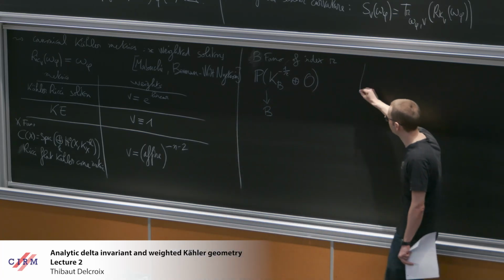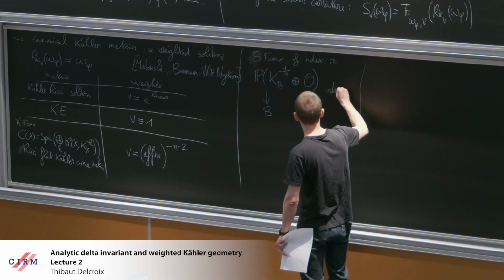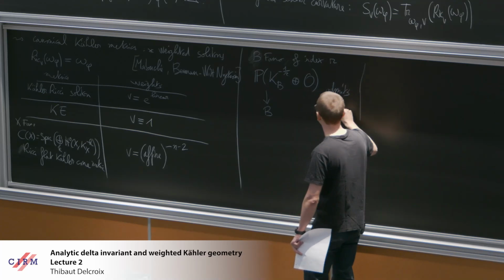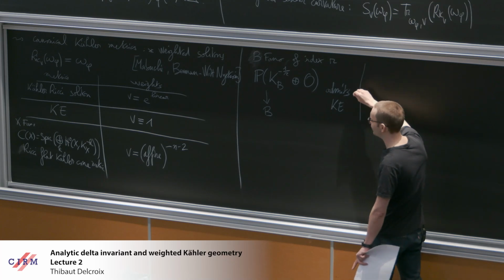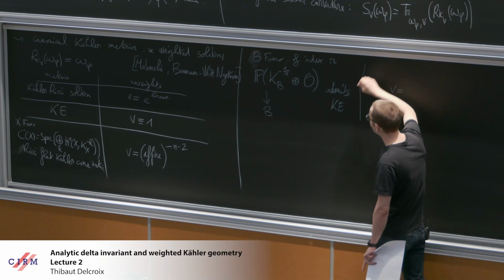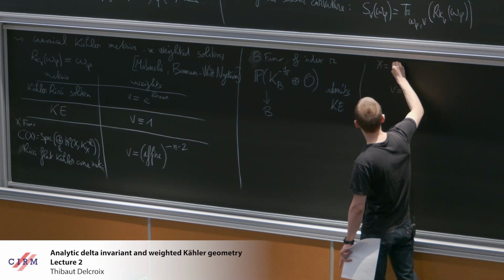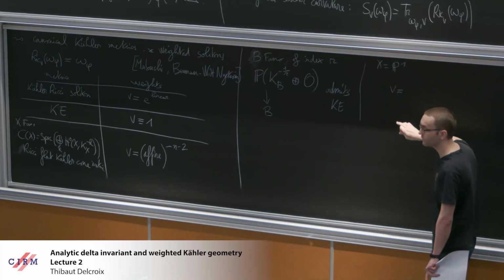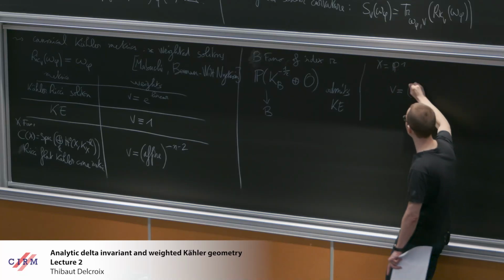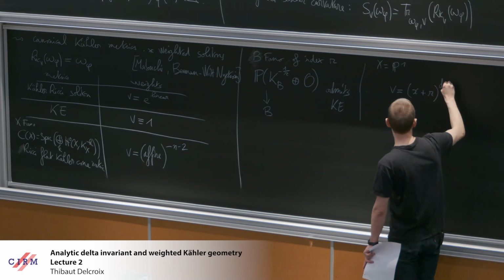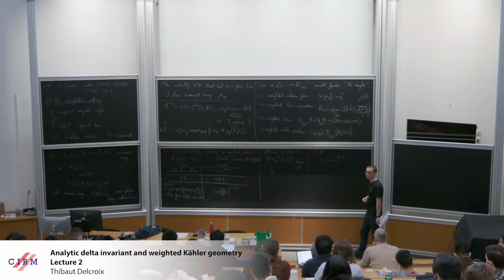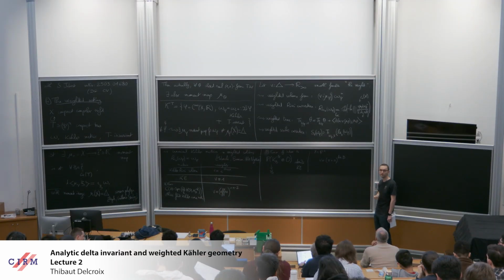Then this admits KE, so that's a bad example, I will say it, but this is equivalent to X equal P1 admitting a weighted soliton with the weight of this form, some power of an affine function.